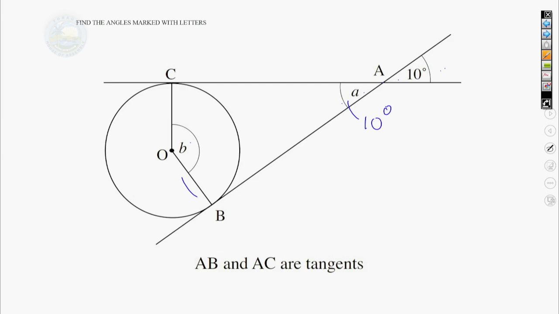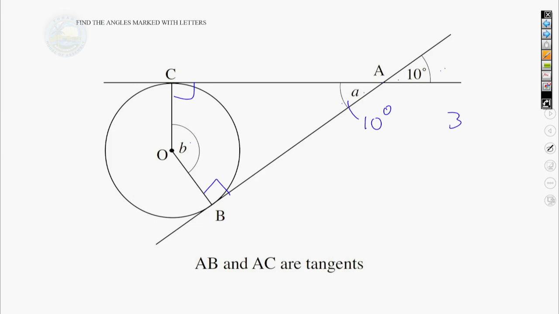A tangent and a radius, 90 degrees. A tangent and a radius, 90 degrees. So we know that when we add up these four values, we are to get how much? 360. So 90 and 90, 180. 180 and 10, 190.